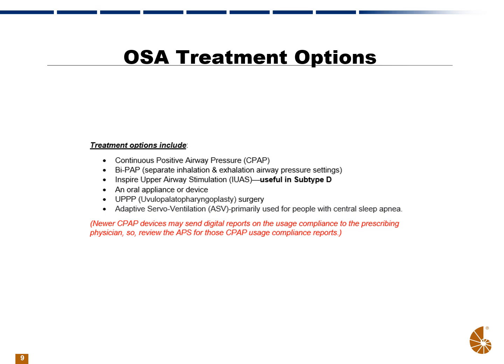There are oral devices or appliances that can be used. Some people have, this is a long word, uvulopalatopharyngoplasty, also abbreviated UPPP surgery, to help surgically correct defects that may be causing obstructive sleep apnea.